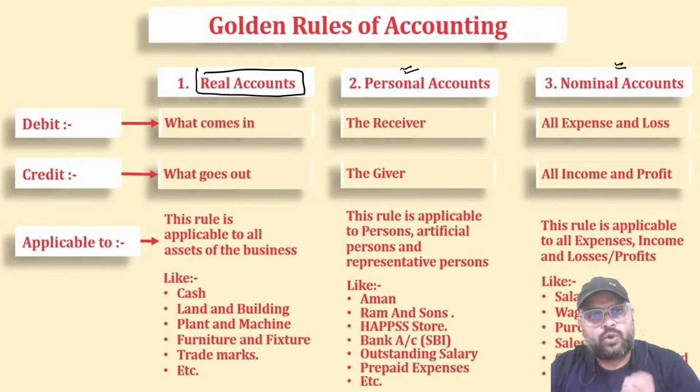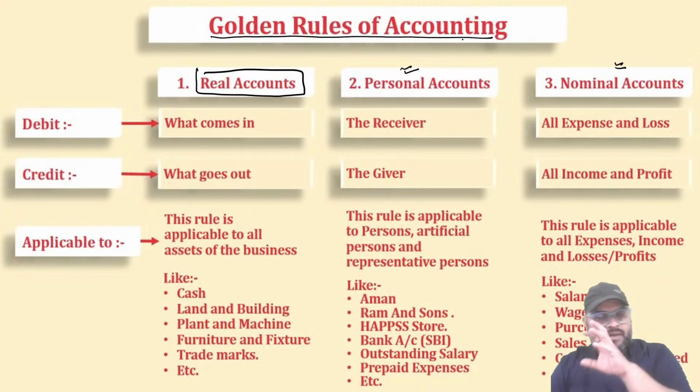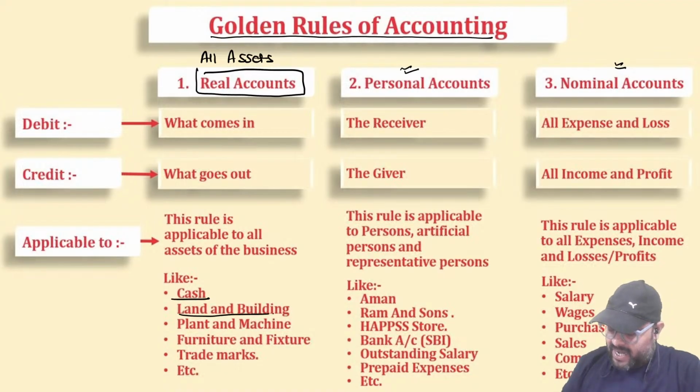So the golden rule of accounting tells us that we can classify all our accounts in three categories. There are real type of accounts, there are personal category of accounts, and there is a nominal category of accounts. Real accounts are all the assets of the business, like cash, land and building, plant and machinery, furniture and fixture, trademarks.